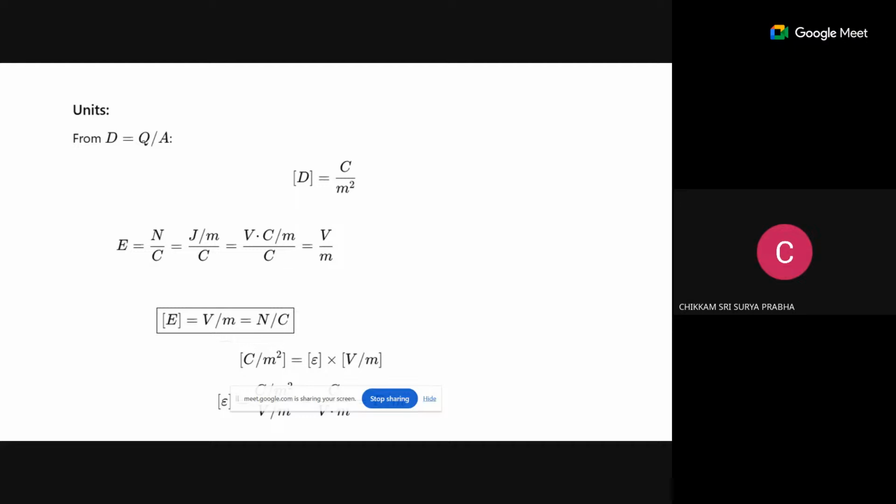Now, substituting the units of D and E in the equation D equals epsilon E, we get the unit of epsilon as farad per meter. Here we can write coulomb per volt as farad because coulomb per volt is capacitance, and the unit of capacitance is farad.